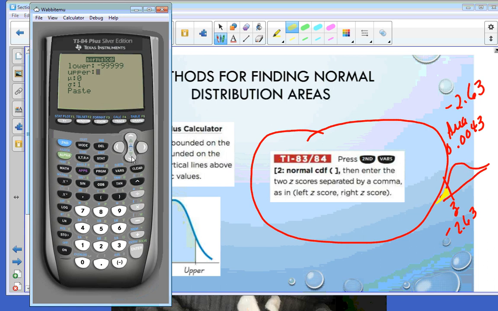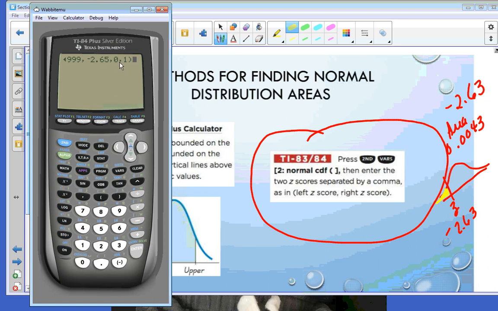Those of you with the other software are going to put a comma, and on the upper I'm going to type in negative 2.63. I'm going to cursor down. Those of you on the other screen are going to type a parenthesis to close. I'm going to click on paste, and now both of our screens should look exactly the same.